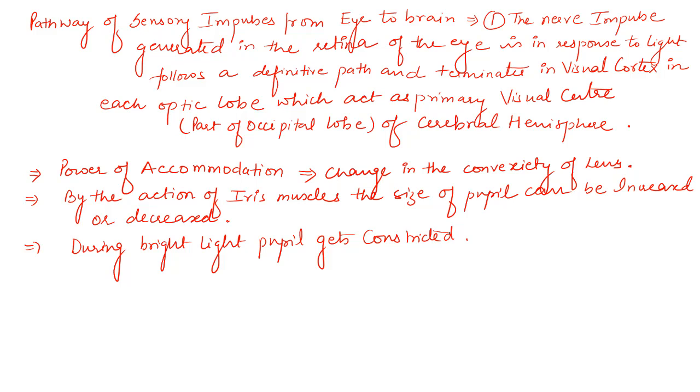So this time the pupil gets constricted, because previously, in the dark region, the pupil was dilated. Here the need is to constrict the pupil to avoid unnecessary incidence of light rays on the retina. In dim light it gets dilated, just vice versa.